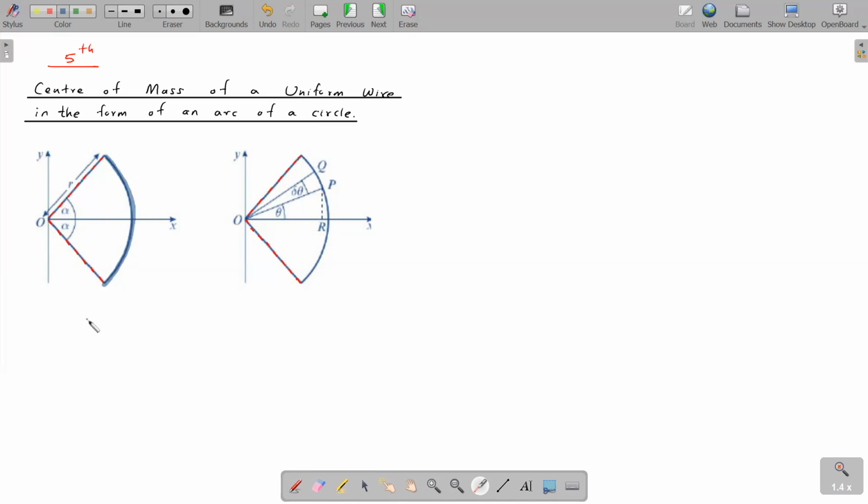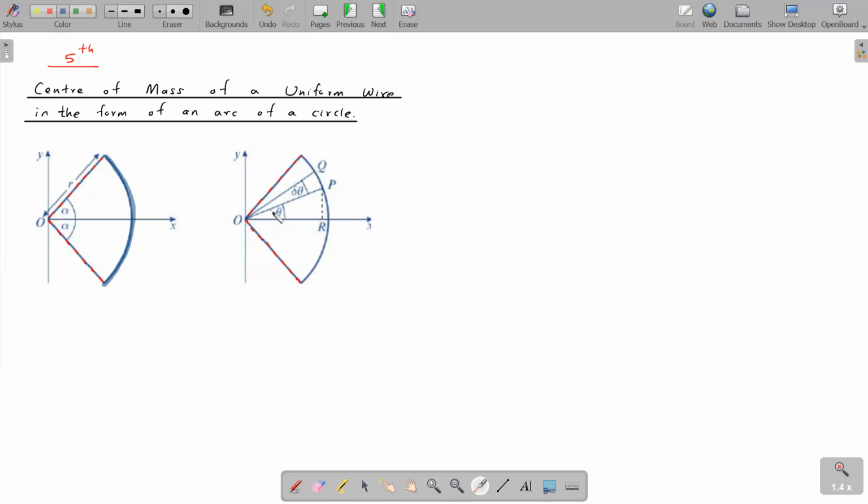All right, guys. So I think this is something that you have done in M2, right? You have learned already how to use the equation in M2. Now we are going to learn in M3 how the equation is derived. So this is the wire, and the radius is R. Most of the terminologies are exactly the same as we did for the circular lamina.